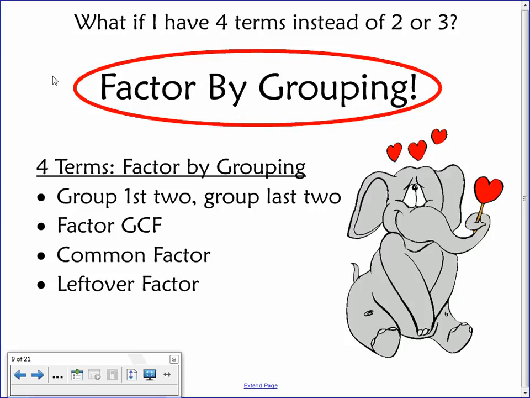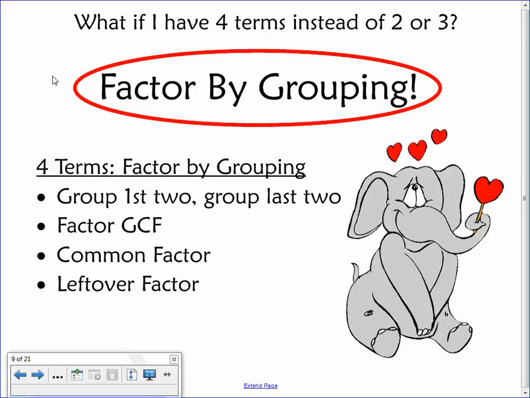All right, so for 4 terms, factor by grouping, kind of the things I say to you constantly as we go through this. You'll group the first 2, group the last 2. You're going to factor out GCFs from each of those. When you do that, they should each have a common factor left over. The parenthesis will be the same. If it's not the same, you did it wrong.